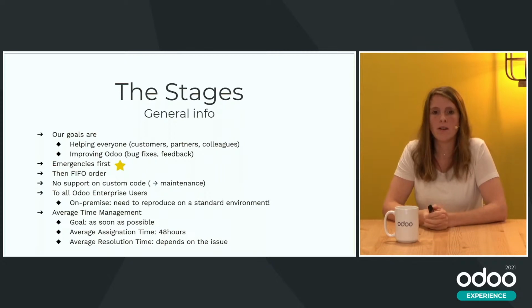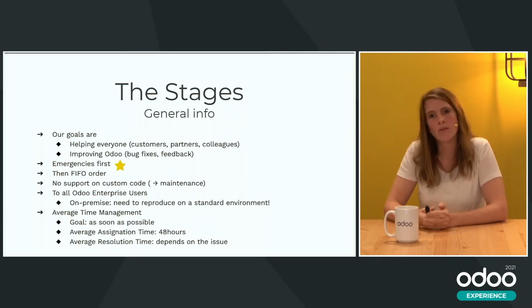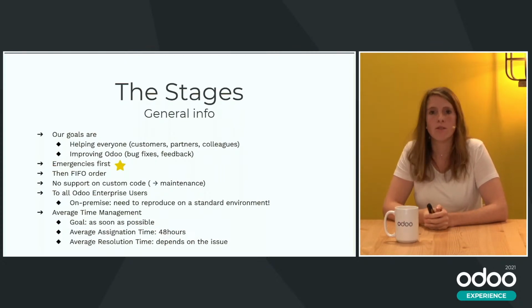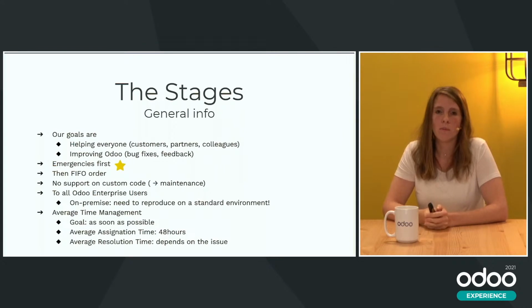And we are also there to improve the product, and so this is why we are doing bug fixes, of course, but also feedback. So your feedback is really important on the use of your product, because we report it to R&D, and some of them are taken into account, some of them not for this version, but for a later, future version. So never hesitate to provide us your feedback.